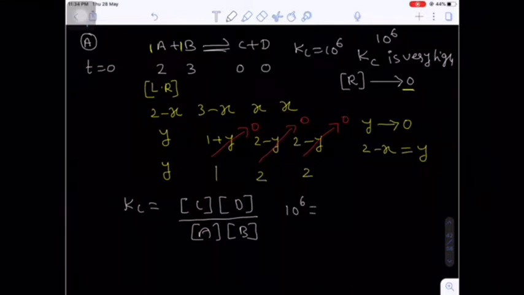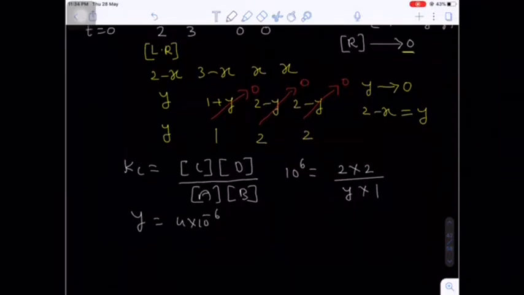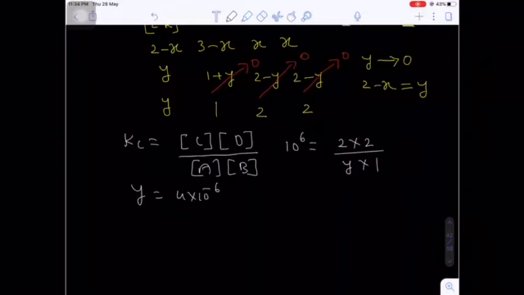The C concentration is 2, and the D concentration is also 2, divided by the A concentration, which is Y, and B, which is 1. From here, what is the Y value? Y is equal to 4 into 10 raised to minus 6. Are you getting my point? This is the number of moles of Y.